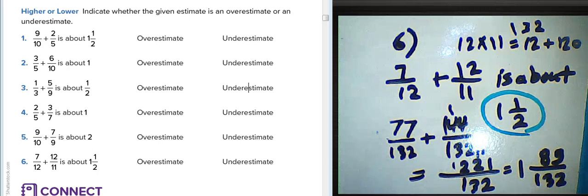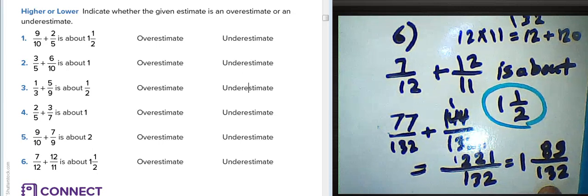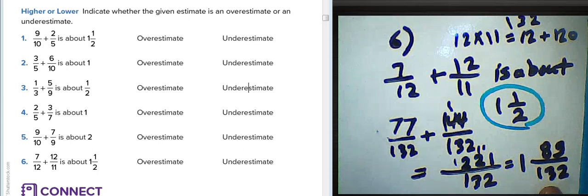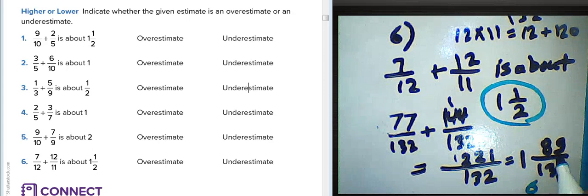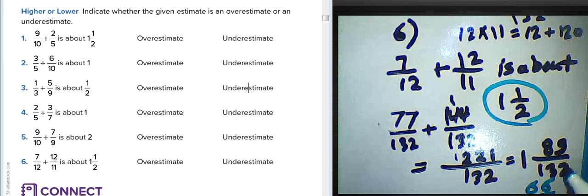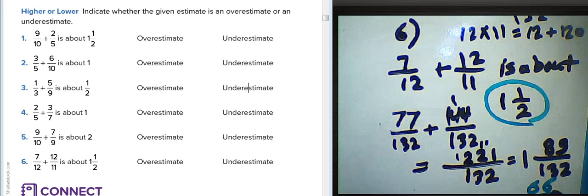Next step, we can ask about half of the denominator here. Half of 132, what? Ask yourself. 13 divided by 2 equals 6 and remainder 1. 12 divided by 2 equals 6. Then the numerator here is greater than half of the denominator. So it's greater than half.